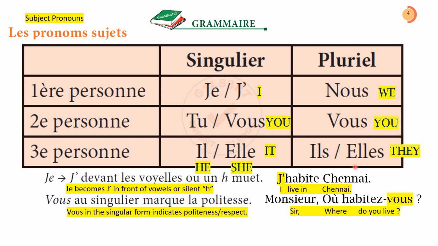To give an example of je becoming j', you can see here: j'habite Chennai. So, I live in Chennai. Remember that vous in the singular form indicates politeness and respect. Here's an example: Monsieur, où habitez-vous? Sir, where do you live?